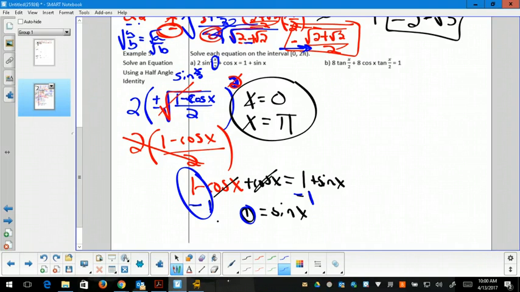Letter B also has a half angle identity. When you see expressions like 2x or x over 2 in the equation, you want to see if that can help you. By the way, there's a particular one you're probably going to want to use, and it's going to involve what term? Cosine, because there's a cosine in the equation already.